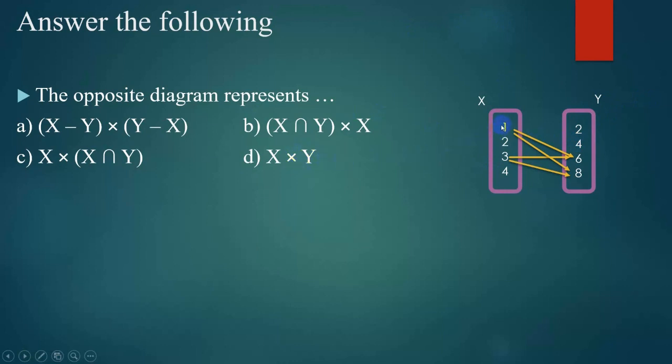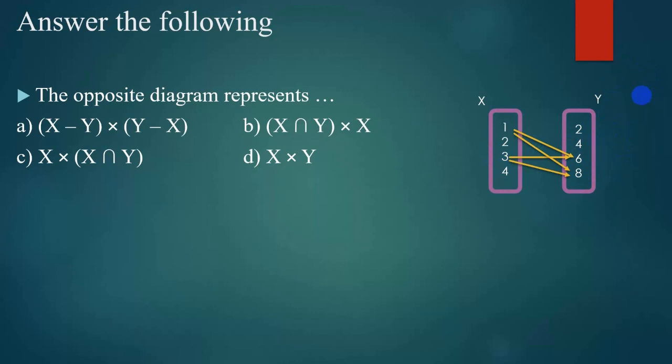But what are these elements which are a first projection? 1 and 3. These are the elements which belong to x and don't belong to y, which is exactly x difference y. And now, what are these elements 6 and 8, which are the second projection?